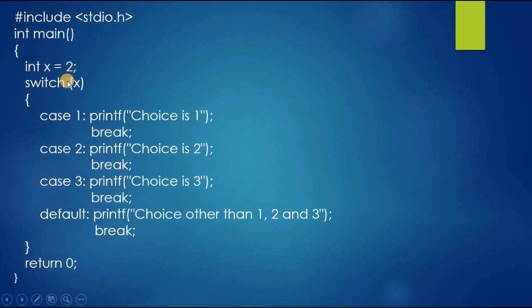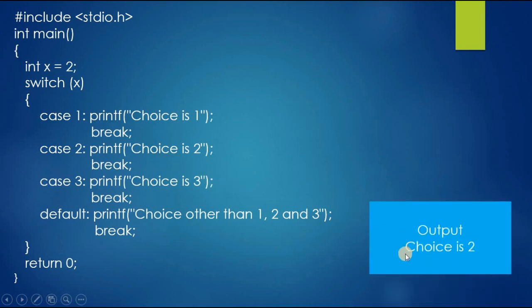Here we have declared x is equal to 2. So our switch expression is x, where x is equal to 2. So it will go to case 2 and we will get the output "choice is 2". This is how we got the output here, "choice is 2".